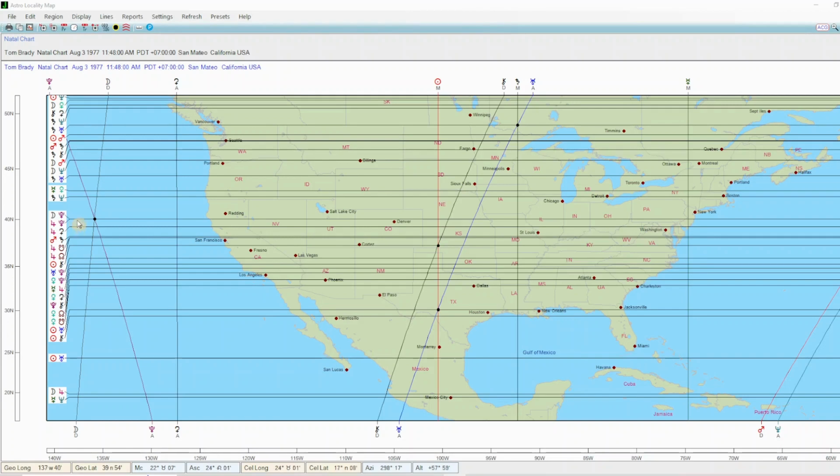And then, not too far away, this Paran is 50 miles away from the Ceres-Jupiter Paran. And so if he were in Denver, for instance, we can zoom in to take a closer look.